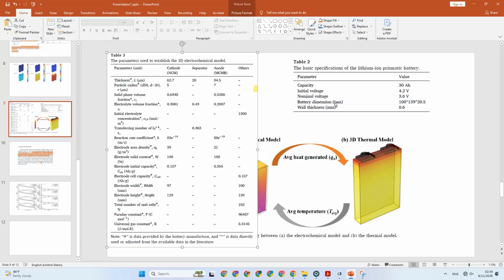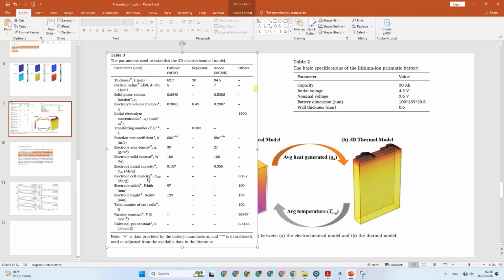Here it's 100, 139. I really don't know. This is talking about cathode height, and it's about 129. Or maybe it is electrode width, electrode height. Oh, okay. Yeah, it's okay.